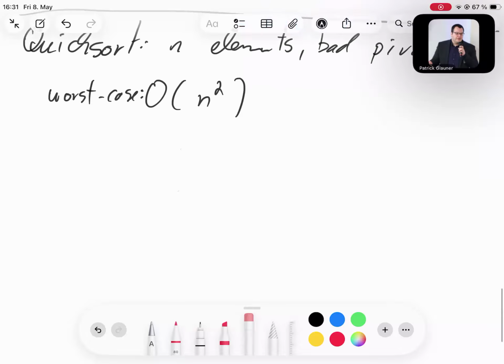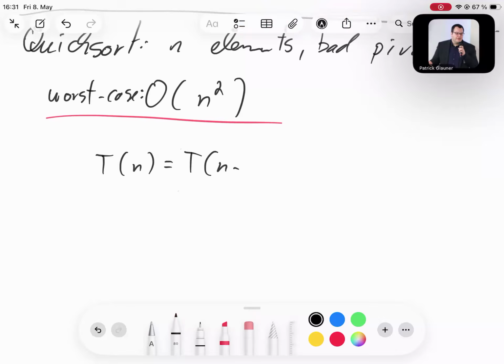But this was just some of my thoughts. We could think about the recurrence relation. So it's really the worst case now. The recurrence relation could then be something like T of n is T of n minus 1 plus n, and T of 1 is 1.